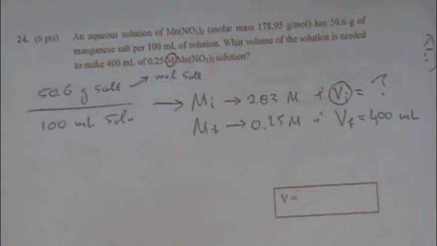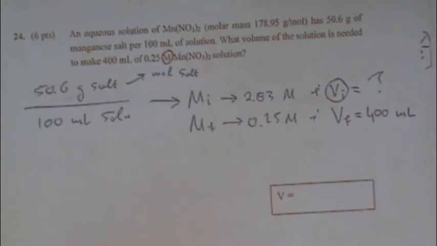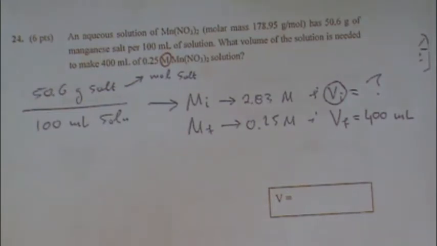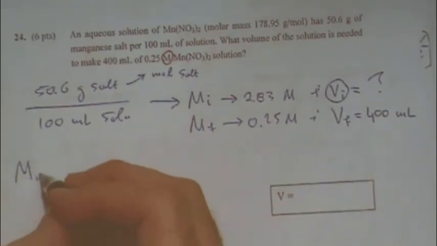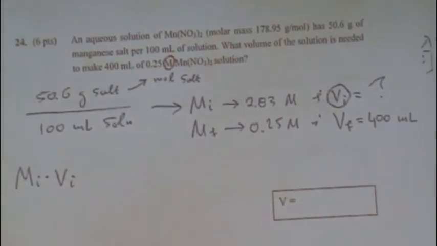So what happens in these dilutions or concentrations, you make the solution more concentrated or more dilute, you put water in or take water out. That which remains the same is what? The amount of solute, the salt, will be the same. The number of moles of the salt will be the same, yes? So we have this relationship: molarity of initial solution times volume of initial solution.